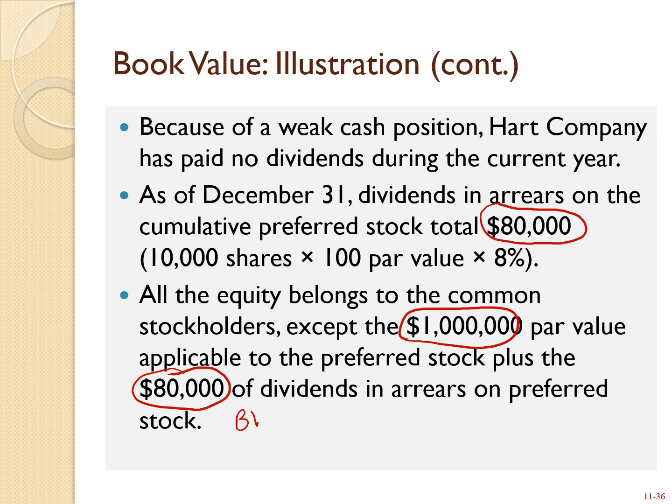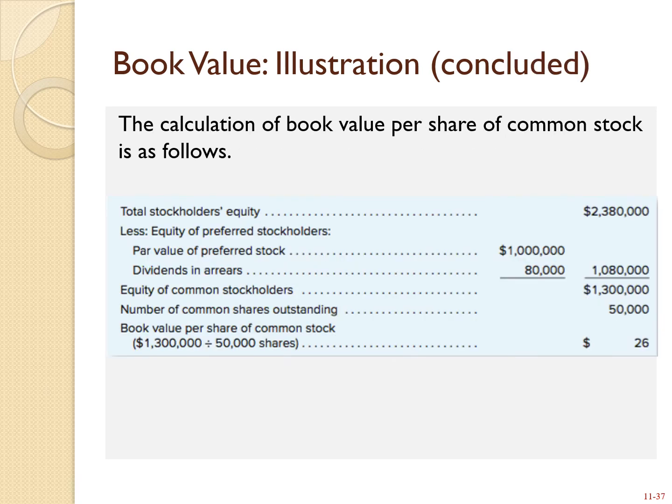So now the book value of the share is equal to owner's equity minus the $1 million and the $80,000 dividends in arrears divided by the number of common shares. So remove the $1 million preferred stocks and the $80,000 dividends in arrears, divide by the 50,000 shares of common stock outstanding, and you will get a $26 book value per share.